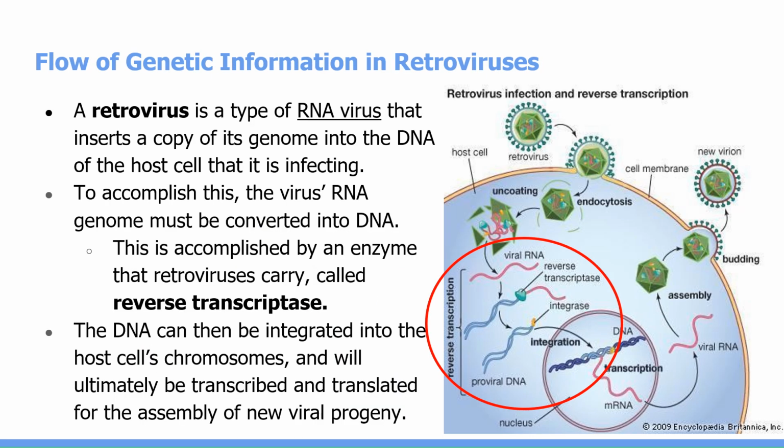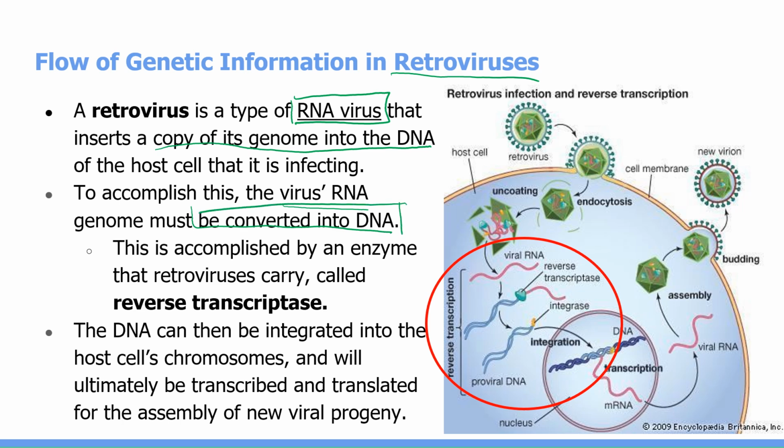The biggest thing with viruses for the AP exam is the concept of the retrovirus. So what is a retrovirus? First of all, let's get this straight. It is an RNA virus that inserts a copy of its genome into the DNA. And so, to accomplish this, the virus's RNA must be converted into DNA.